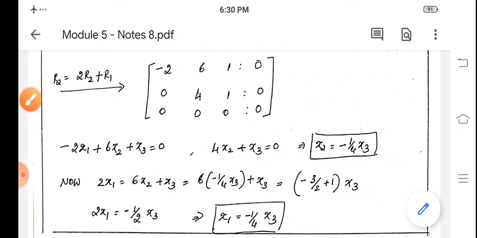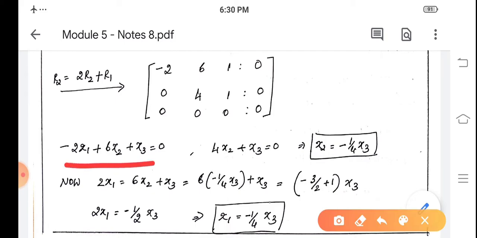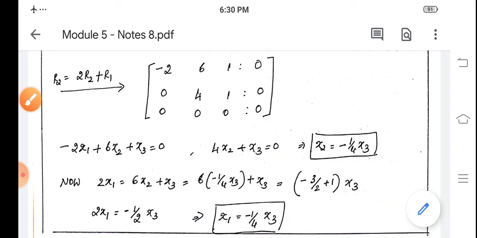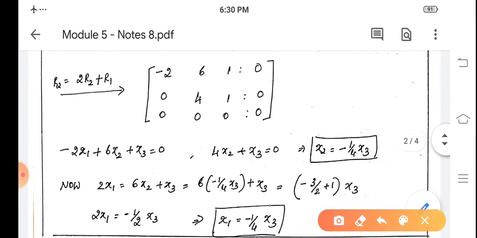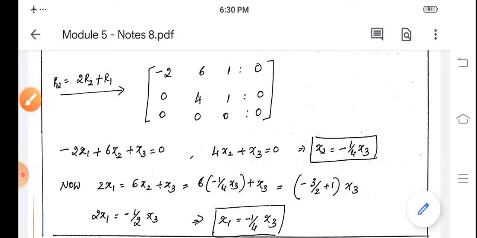So we take x1 and x2 as pivot variables. We write the equation as minus 2x1 plus 6x2 plus x3 equal to 0 and 4x2 plus x3 equal to 0. So we are writing equations for pivot variables, that is x1 and x2, in terms of the free variable. The free variable is x3. So using this we write x2 is equal to minus 1 by 4 x3.